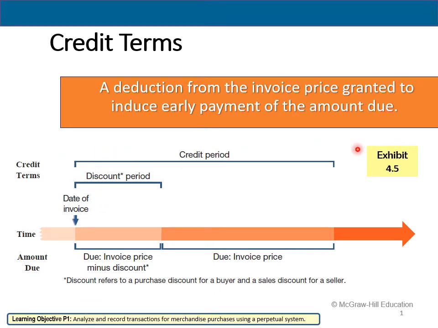So there's a credit period, and the discount period is a discount offered for early payment or quick payment of an invoice. If companies pay within the discount period, they get to take advantage of a discount. Outside the discount period, you pay the invoice price. All right.